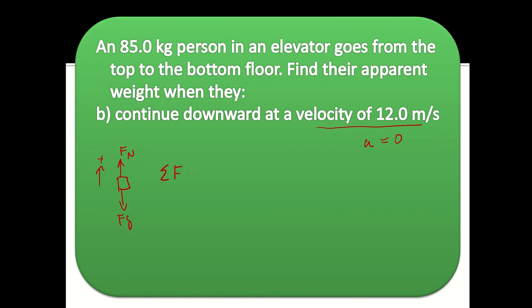So our F net is going to equal Fn minus Fg, and our ma is going to equal 0 here, which means that our Fn will equal Fg. So this is going to be the same as the actual weight of the person.